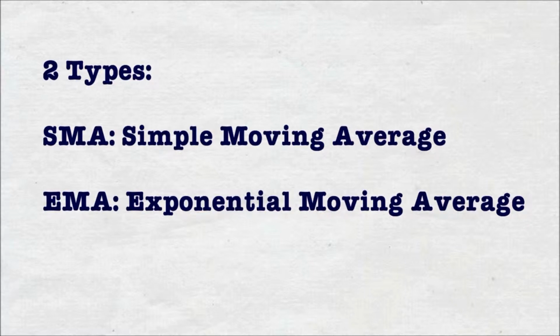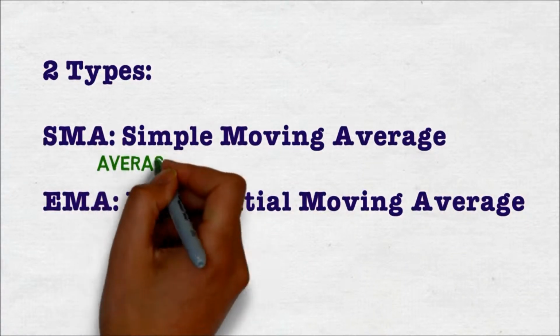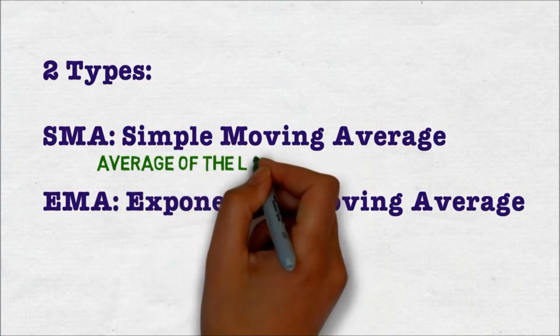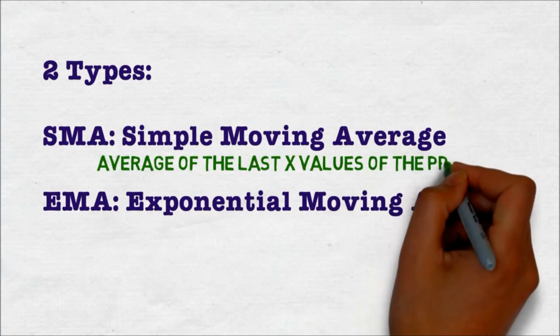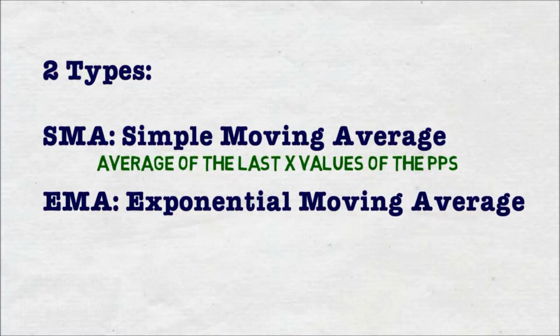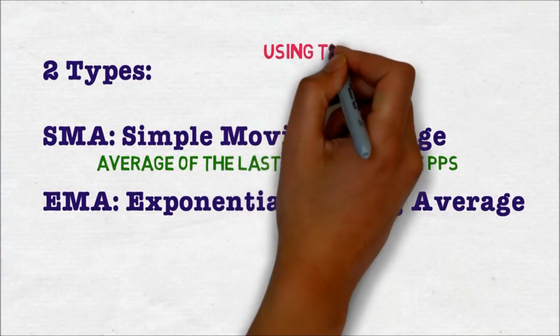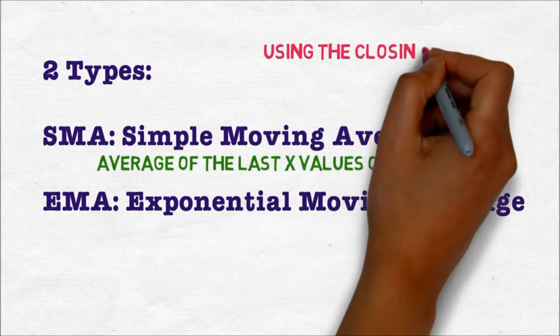You can say, I want the 5-day moving average, I want the 50-day moving average, or I want the 200-day moving average, let's say. So let's say we take the 5-day moving average. Then that means you take the last 5 trading days and you take the closing price of that said stock and you average them out.